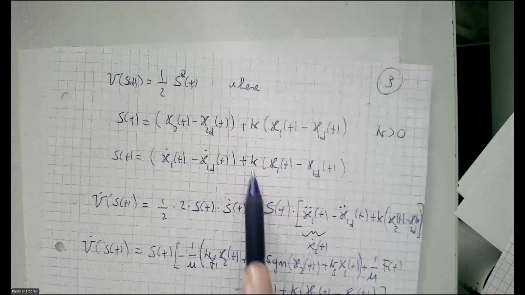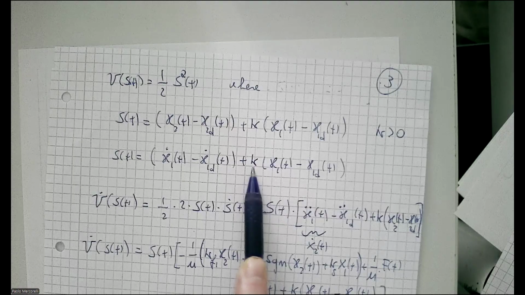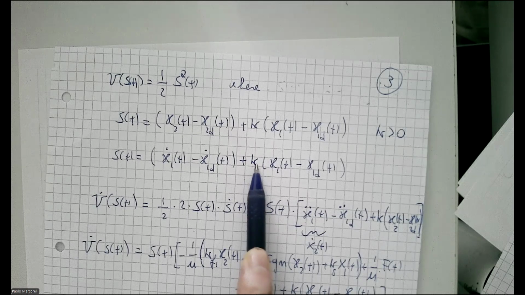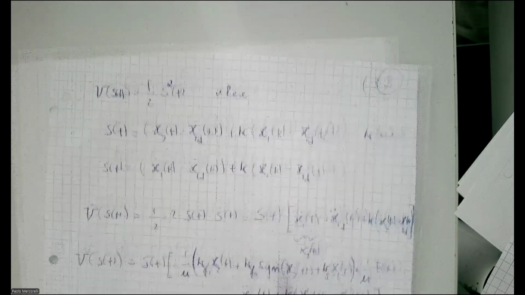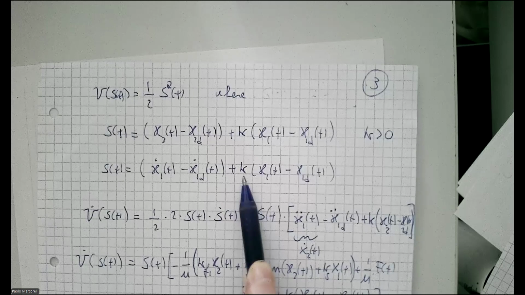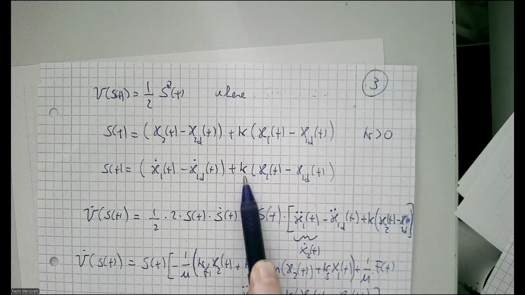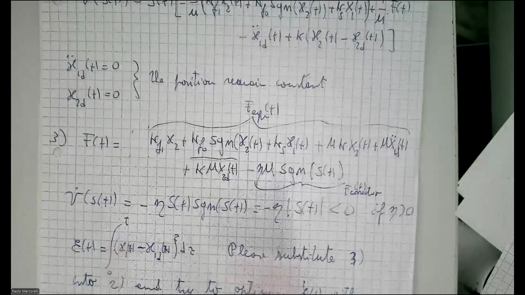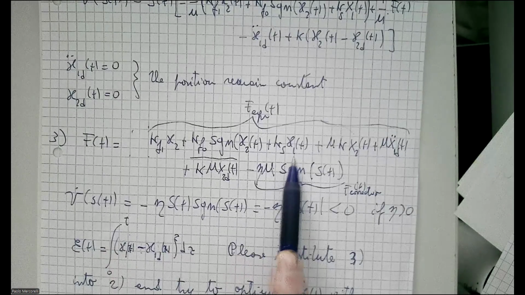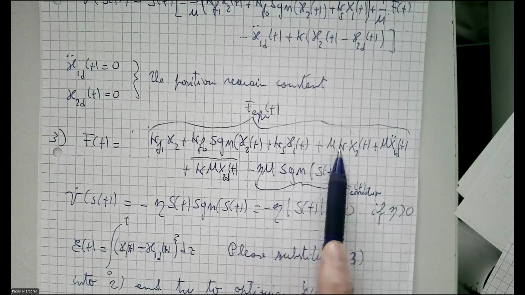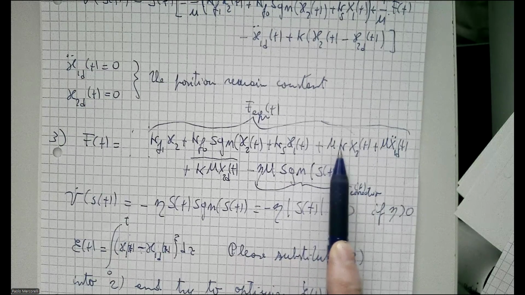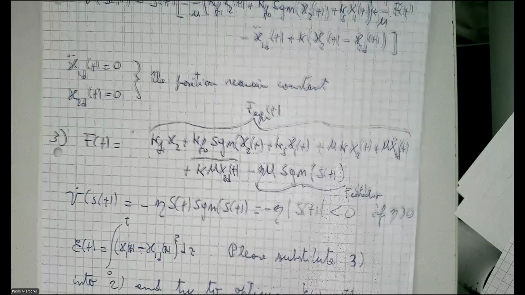Because here we obtained, remember my first lecture, a good enough convergence even though in infinite time. But increasing k, we are going faster and faster to the goal, but we obtain a chattering problem because we oscillate around s equals 0. Do you remember the chattering?